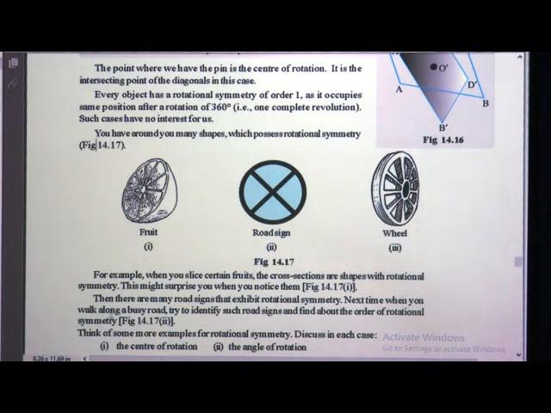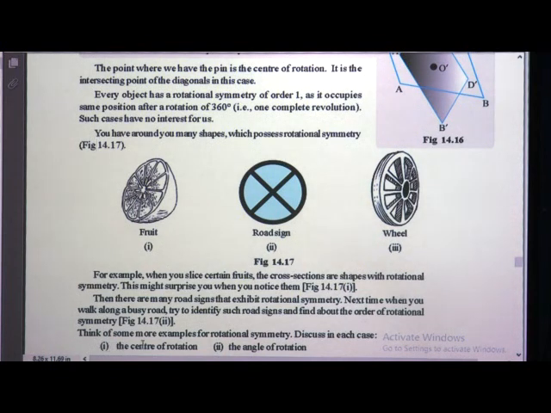There are also many road signs that have rotational symmetry. Next time you walk along a busy road, try to identify such road signs and find the order of rotational symmetry.